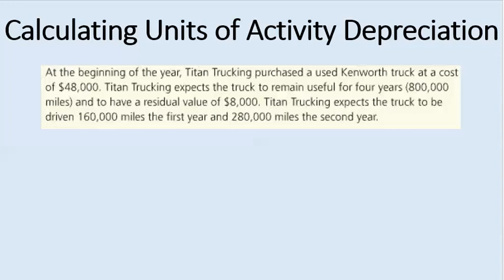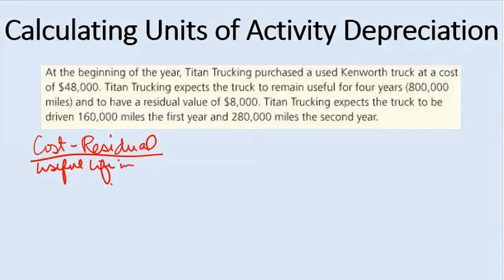Alright, the last one we have will be our units of activity. And if you remember, we're going to take the depreciable cost again, which is cost minus our residual. And this time we're going to divide it by its useful life, but useful life in units. Could be hours and miles in this case.